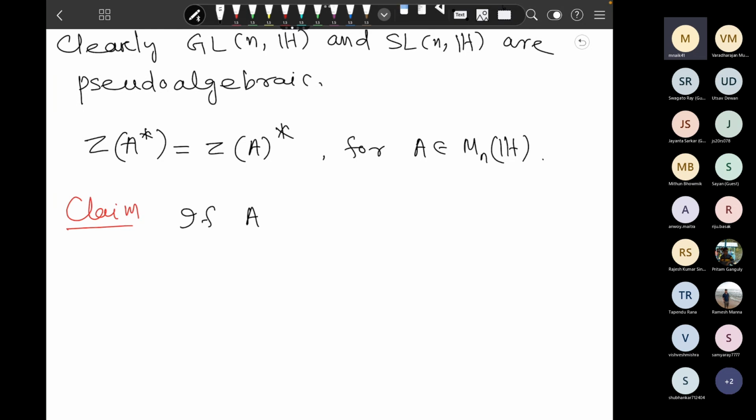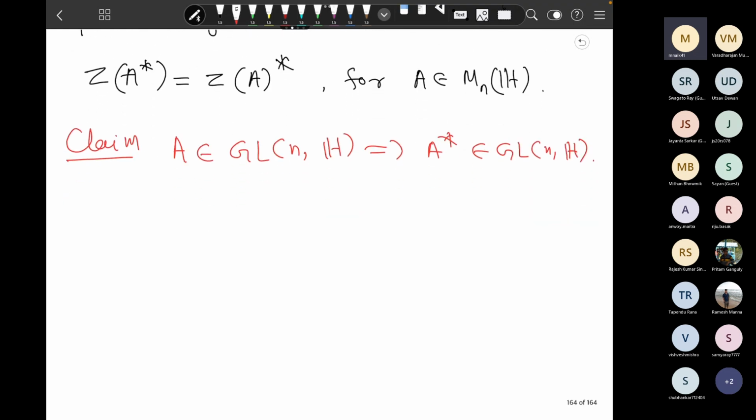if A belongs to GLNH, this implies A star belongs to GLNH. To show that, A belongs to GLNH, what does that mean?